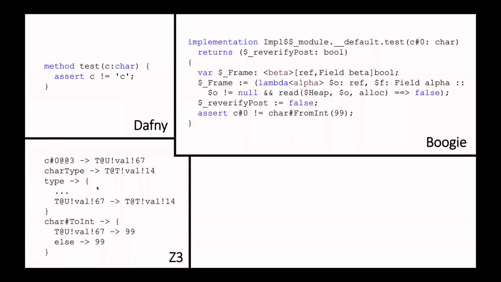You can then see that the type of a variable with ID 67 has ID 14, and that the type with ID 14 is character type, so this variable has type character, and then you can use this character to int map to see that this character has ASCII code 99. And so from this you can extract this information that this counterexample shows that if the argument to the method test is equal to literal C, this assertion fails.